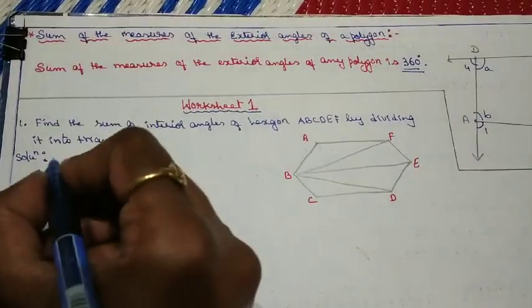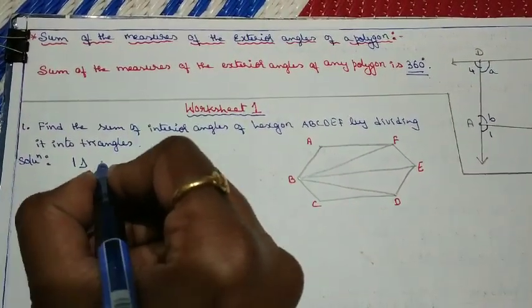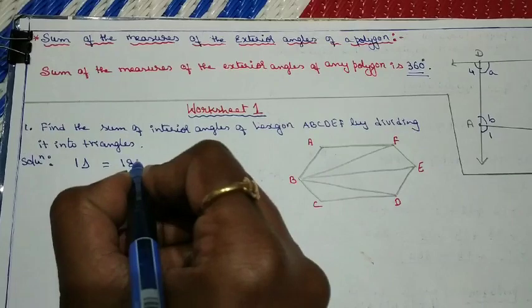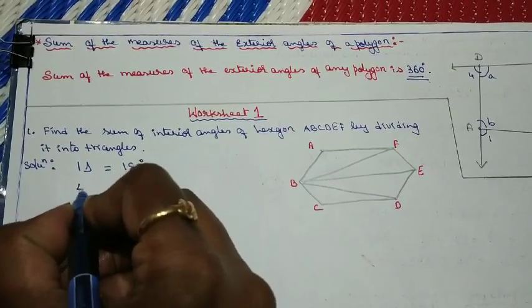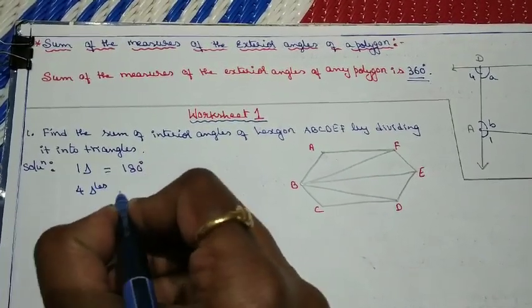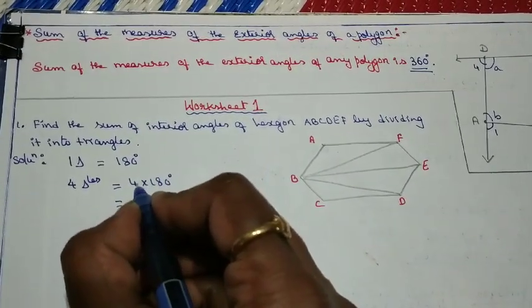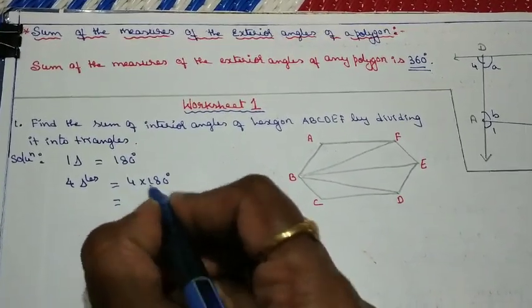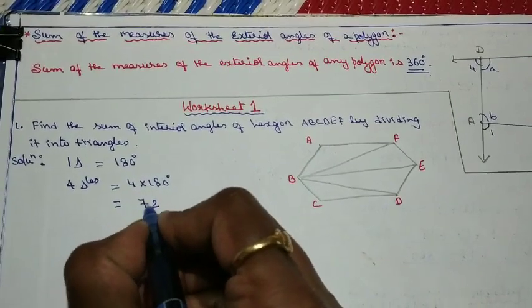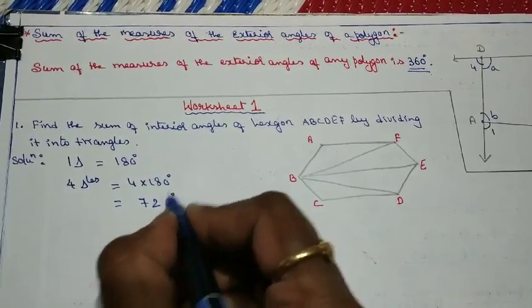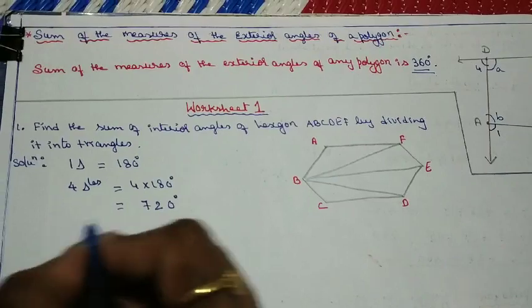For one triangle, the angle sum is 180 degrees. Then for 4 triangles, the sum of angles will be 4 into 180 degrees. So 18 fours are 72, with the 0, so 720 degrees.